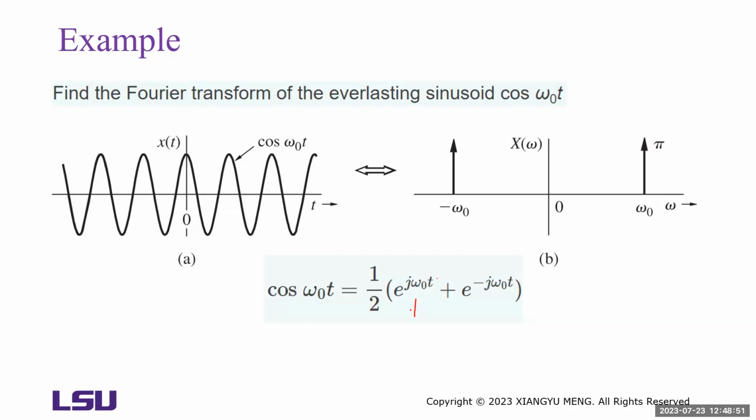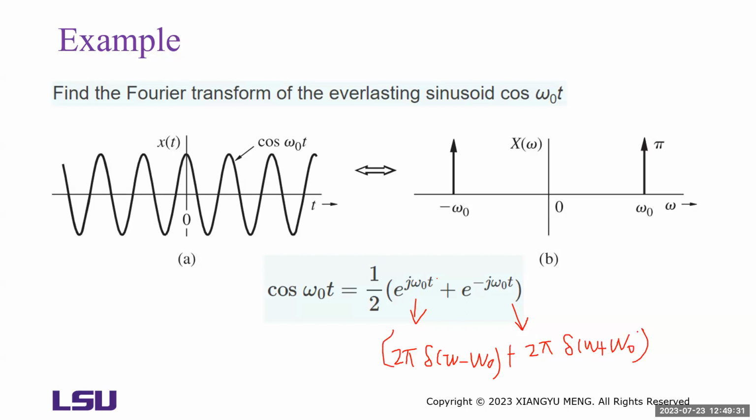For the other term, we just need to change this omega 0 to negative omega 0. So its Fourier transform will be 2 pi delta(omega plus omega 0).